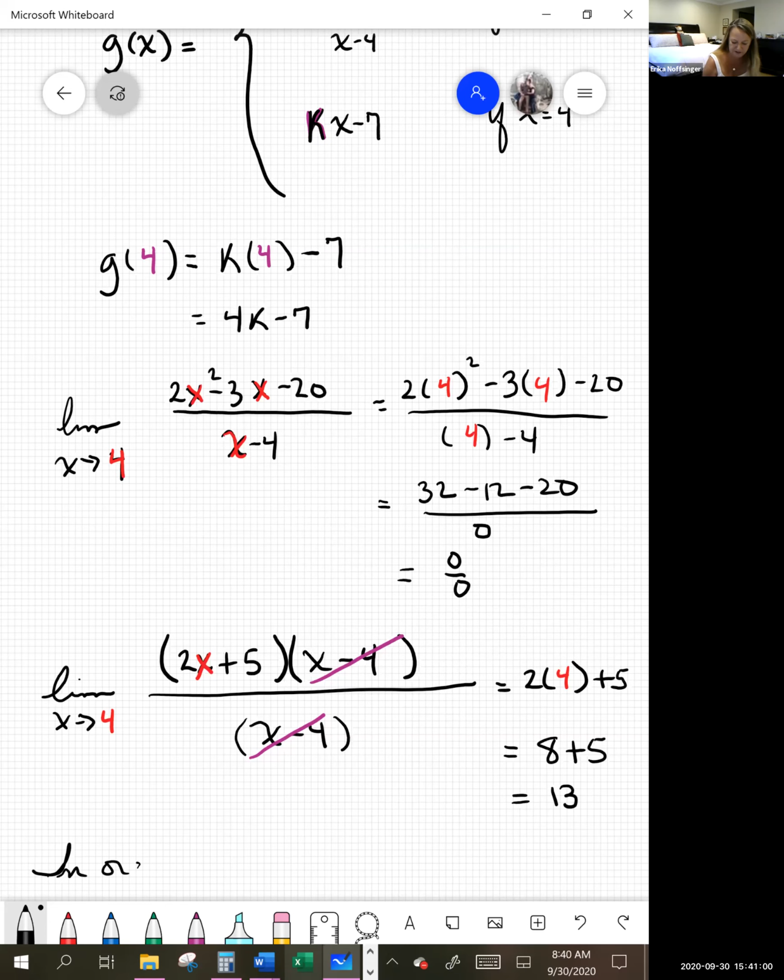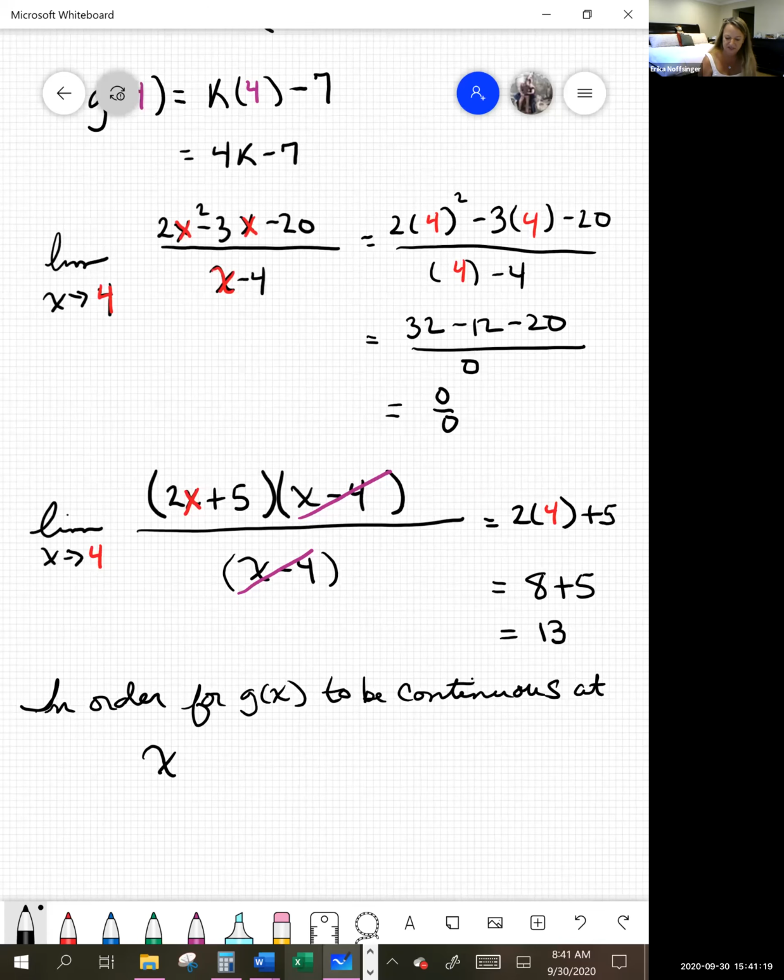So in order for g of x to be continuous at x equals 4, then we know that the limit as x approaches 4 has to exist at g of x, and it has to equal g of 4.